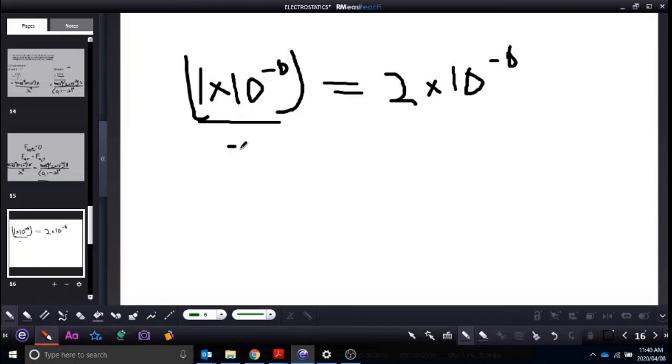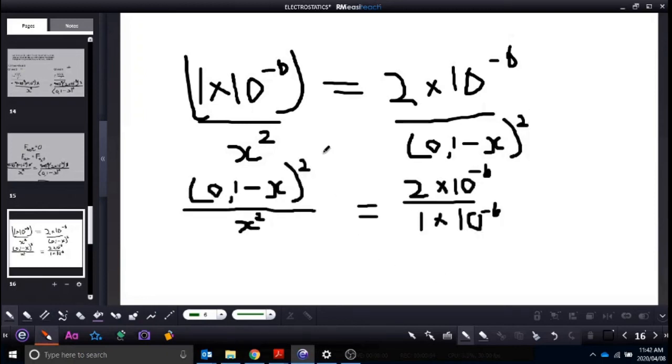Okay, so this side is x squared, and then we have 0,1 minus x. So what we do is we take the 0,1 to the other side, and we take the 1 times 10 to the power minus 6 to the bottom.